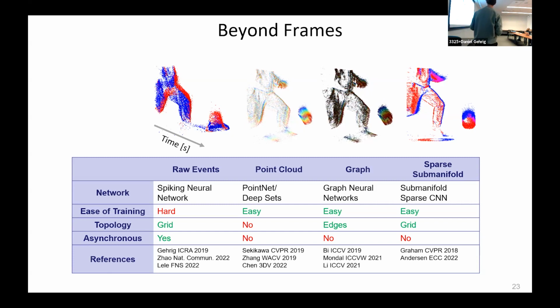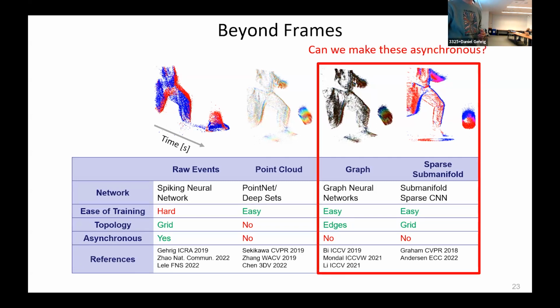So they can enhance the efficiency, but again, they're not asynchronous because they have to process events in batch. I was mostly interested in these last two contenders. They check all of the boxes, but one of the main limitations is that they're not asynchronous. So my question is, can we actually convert these models into asynchronous models?